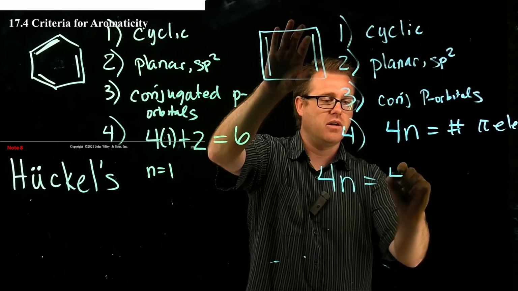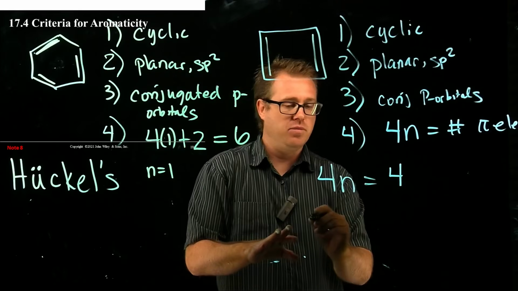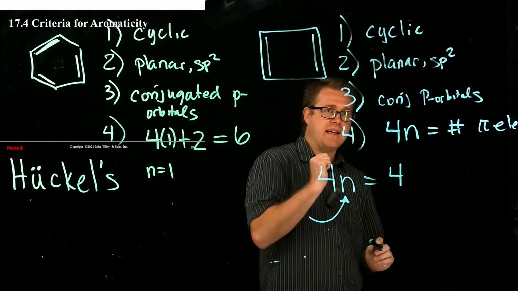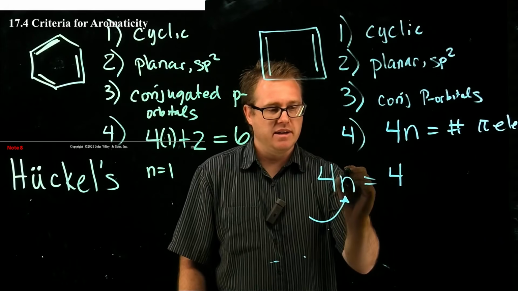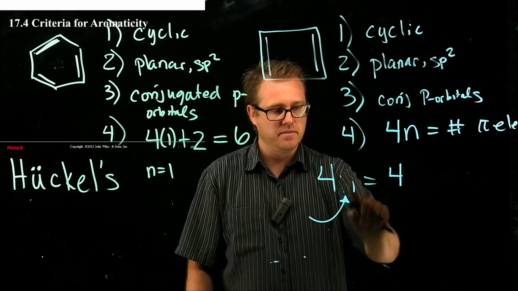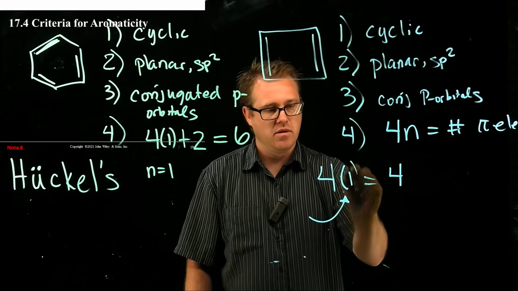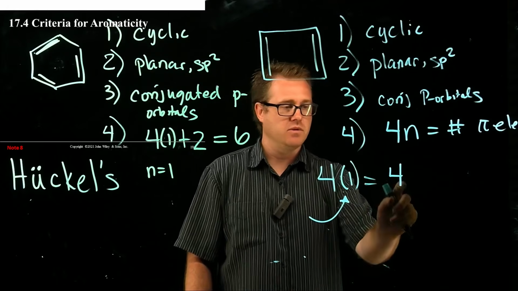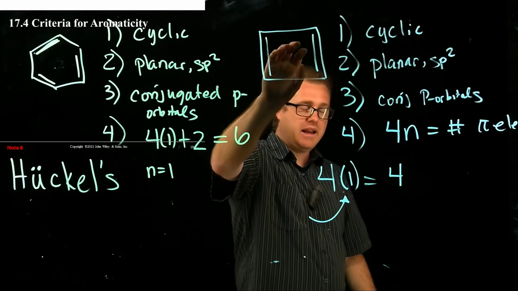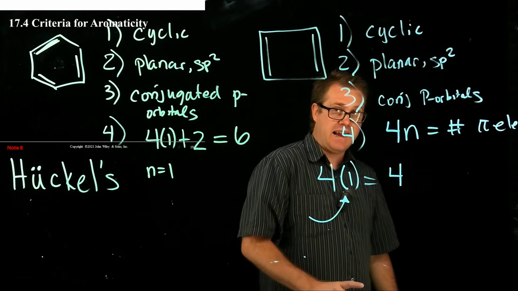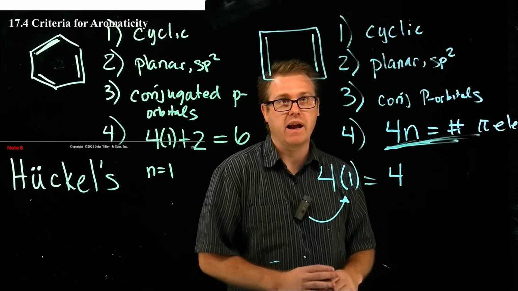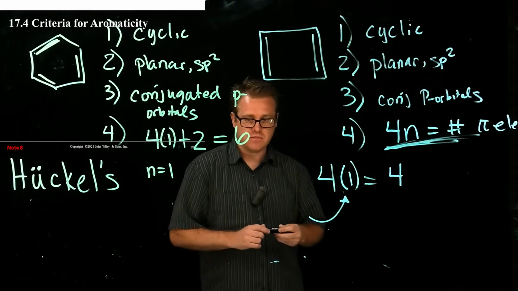There's a total of 4. Now, can you plug into n a whole number integer that makes that statement true? If you put in a 0, that doesn't make it true. But what if you put in a 1? 4 times 1 is 4, which equals 4. And so this molecule right here is anti-aromatic because it follows this equation right there.